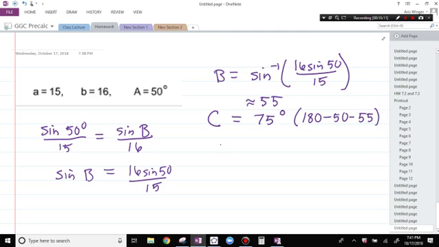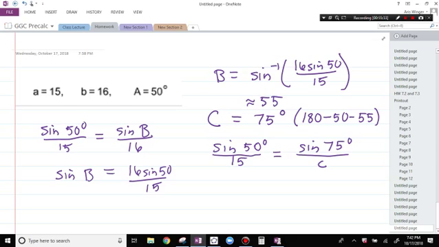Now little c is the only thing we don't have, right? So little c, again, sine of 50 degrees over 15 equals the sine of 75 over little c. Remember we had got 12? For the height.